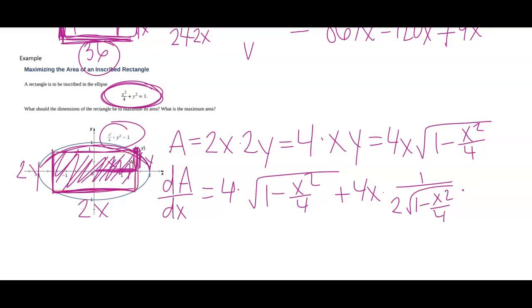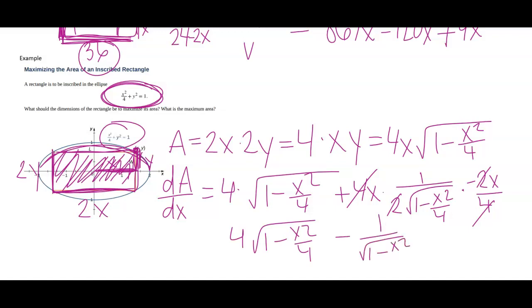Okay, and then the derivative of the inside, I'm going to take that down, negative 2x, leave the 4. All right, let's do some canceling. 4's cancel, 2's cancel. I get this 4 square root piece, and then minus 1 over this square root piece.